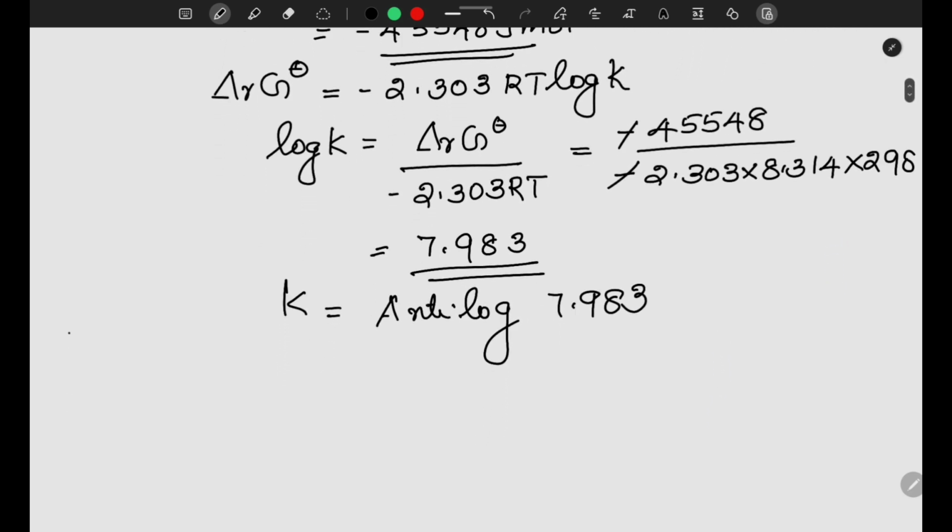That is equal to anti-log of 0.983, which is 9616. After one place we put the decimal, then the characteristic part is 7, so into 10 raised to 7. So 9.616 into 10 raised to 7.